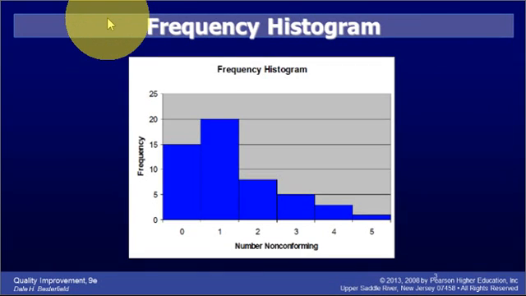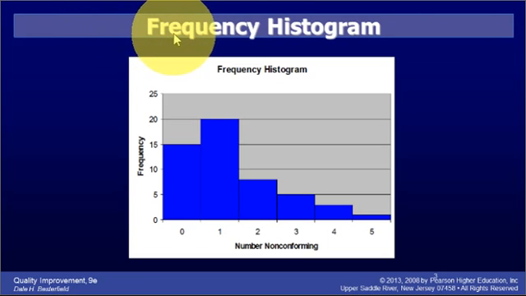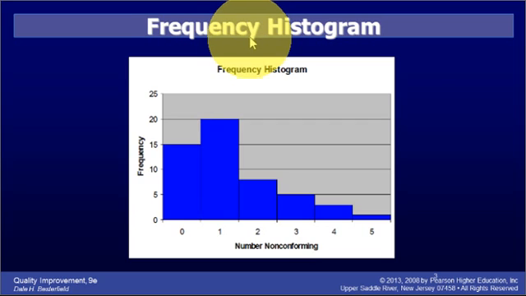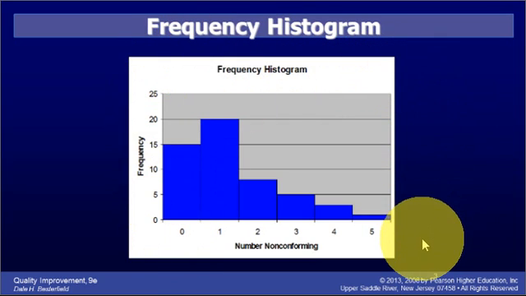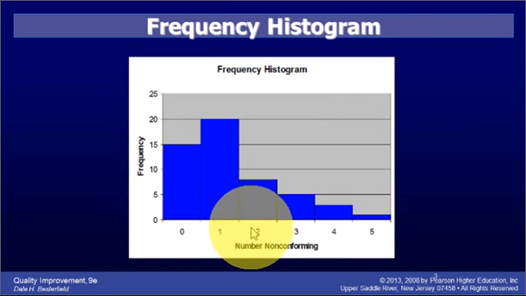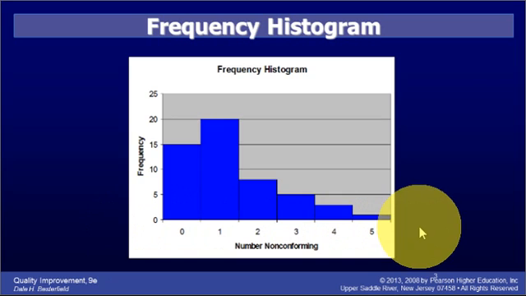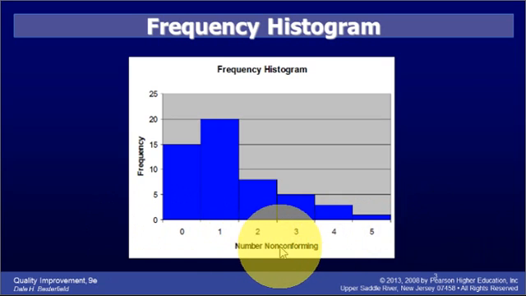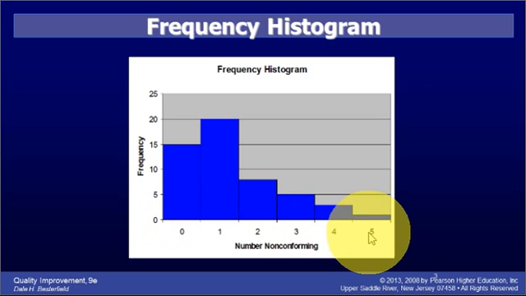The graphic representation of frequency distribution is a frequency histogram. So here is the frequency histogram for the daily billing errors example. And the horizontal axis stands for the classes, or the number of non-conforming units. Like we can have 0, 1, 2, 3, 4, or 5 daily billing errors.